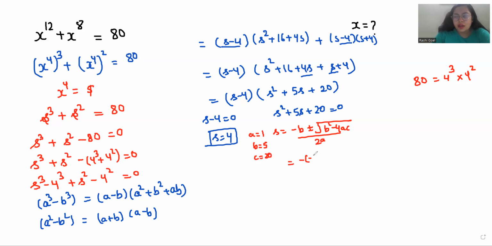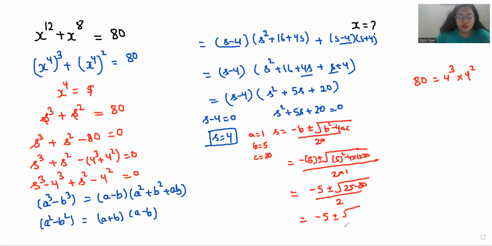So minus 5 plus minus under root 5 square minus 4 times 1 times 20 by 2 times 1. So negative 5 plus minus under root 25 minus 80 by 2.